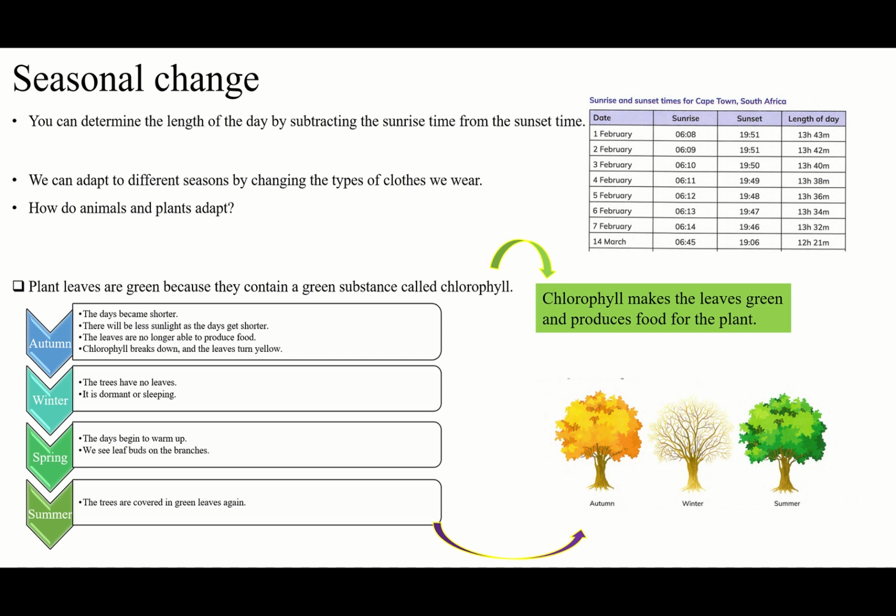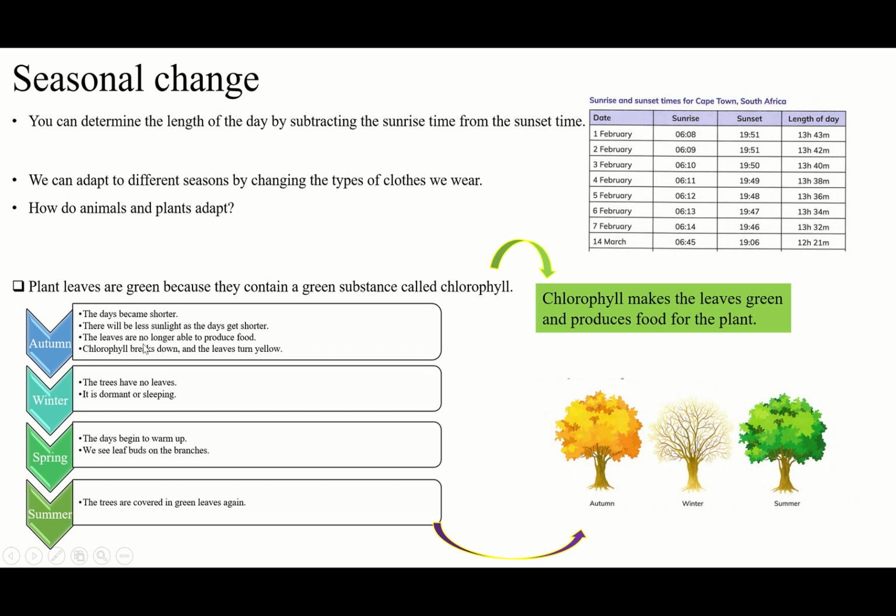So in summer, because the days are longer, the plants take more sunlight. In autumn, because the days become shorter, they take less sunlight. It's not that there is none, but it is less than in summer.